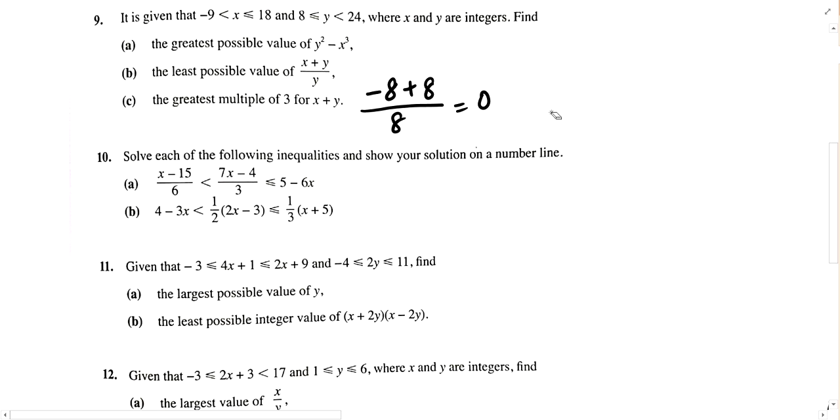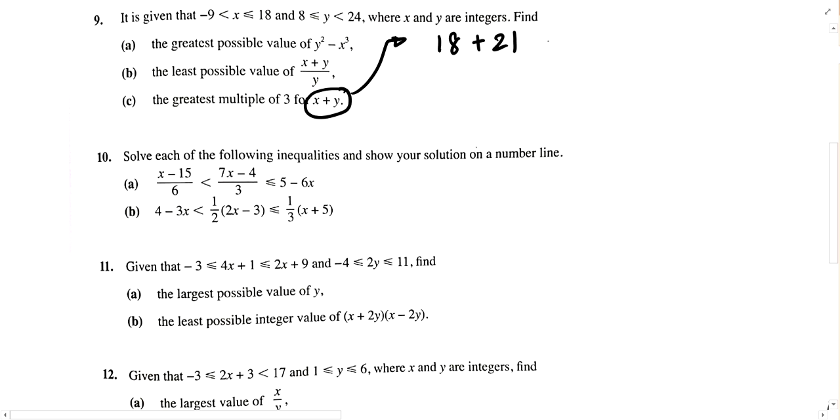And now for part C, the greatest multiple of 3 for x plus y. So a multiple of 3 over here happens when one possibility is that x is a multiple of 3, and y is also a multiple of 3. So the greatest multiple of 3 for x will be 18, plus, instead of writing 24, because 24 is not included, the next one will be 21.